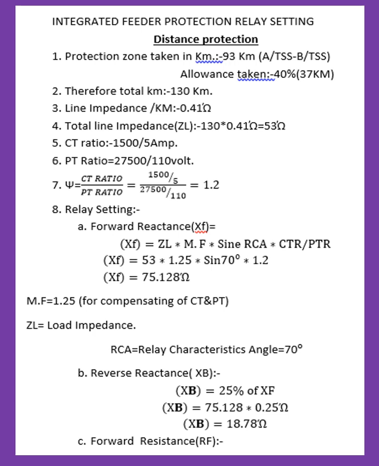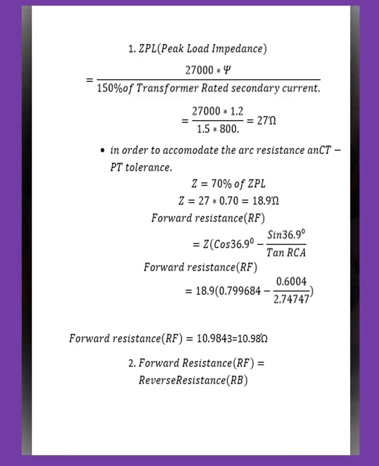Then forward resistance. The formula is ZPL, peak load impedance, equal to 27 kV into CT ratio by PT ratio, divided by 150% of transformer rated secondary current.